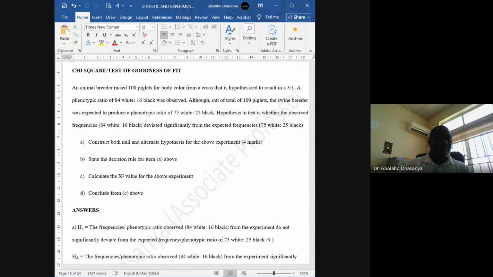Now let us establish if there is goodness of fit. We can't just say that because there are differences in the numbers, it is not a fit. We need to use chi-square.